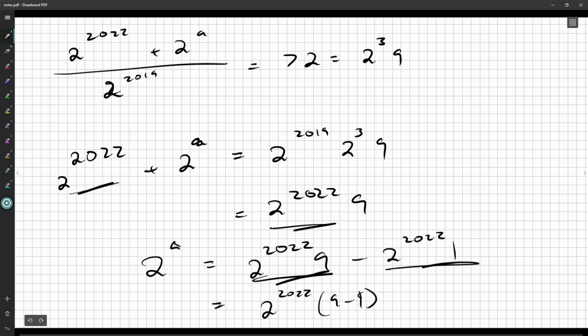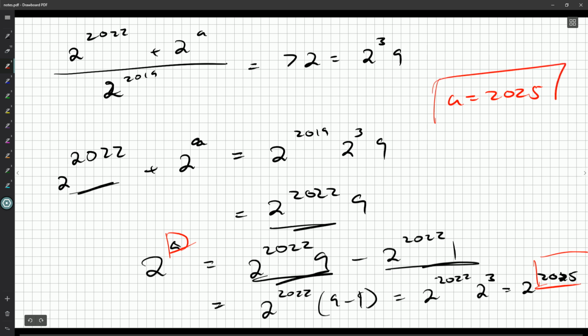So 9 minus 1, that's 2 to the 2022 times 8, which is really 2 to the 3. We have 2 to the 2025. And remember what I just said, if you've got the same base, your exponents must be equal. So I suppose we've shown enough work. We can just write our answer there: A must be 2025.